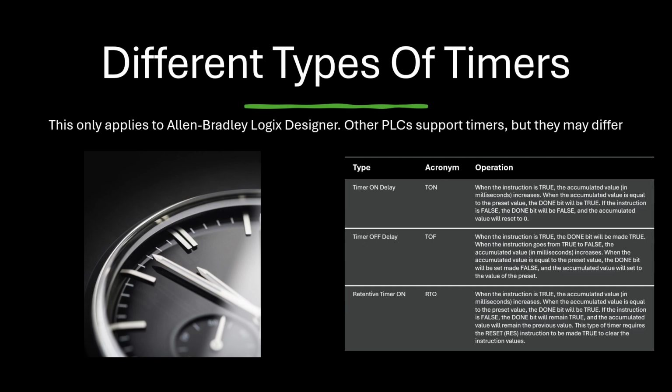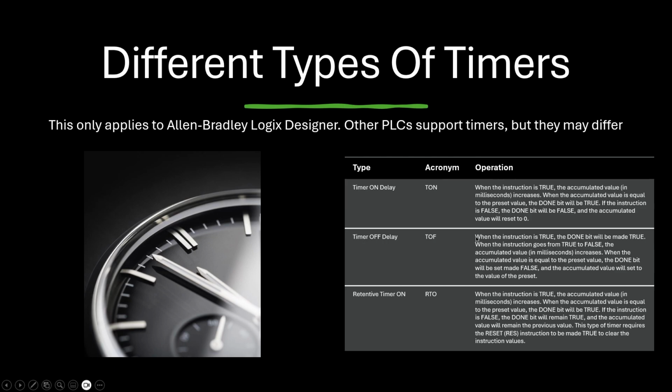The final type of timer is known as a retentive timer on, or RTO instruction. Now this works exactly the same way as the timer on. The only difference is that the retentive timer on, much as the name suggests, is going to retain the accumulated value of the timer.